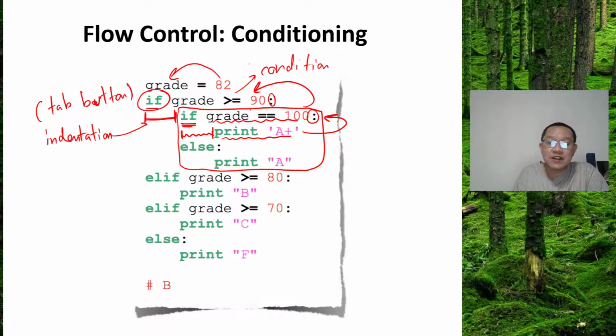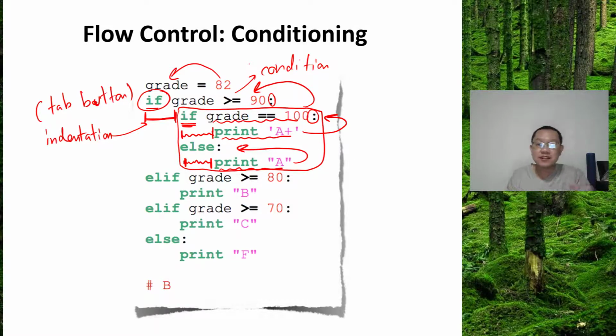If this condition is false, the command here won't be run. It will jump to else and execute the command inside the else. This is another indentation to say that this command is part of the else.